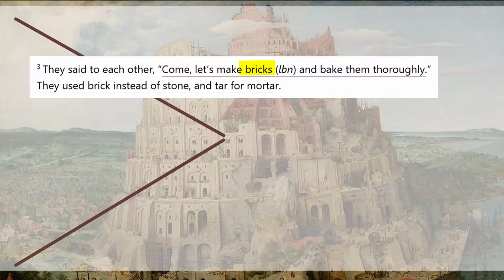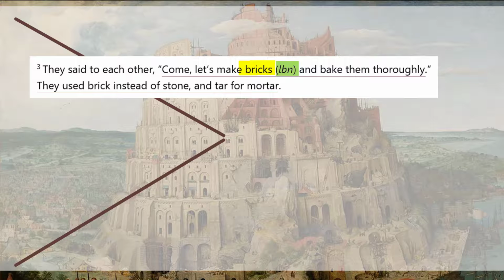And here, the root word of the Hebrew word for bricks is 3 letters. It's a lamed, a bet, and a nun. LBN. Sometimes you might see it as LVN, but it's a bet, sometimes pronounced as V. But anyways, LBN, it's brick.